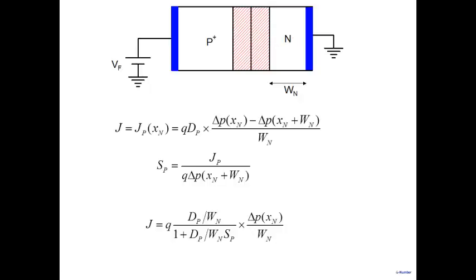At the surfaces and interfaces, we characterize recombination by recombination velocity. So in the bulk you have lifetime, and at surfaces and interfaces you have recombination velocity. And what we showed here is how you use the concept of recombination velocity to derive an expression for current.